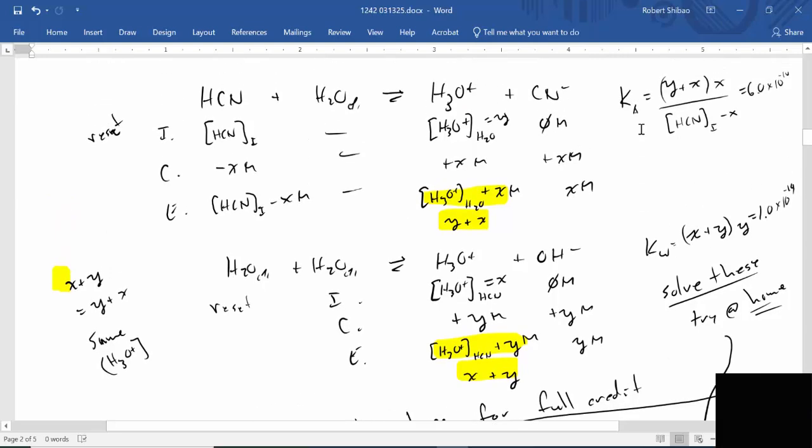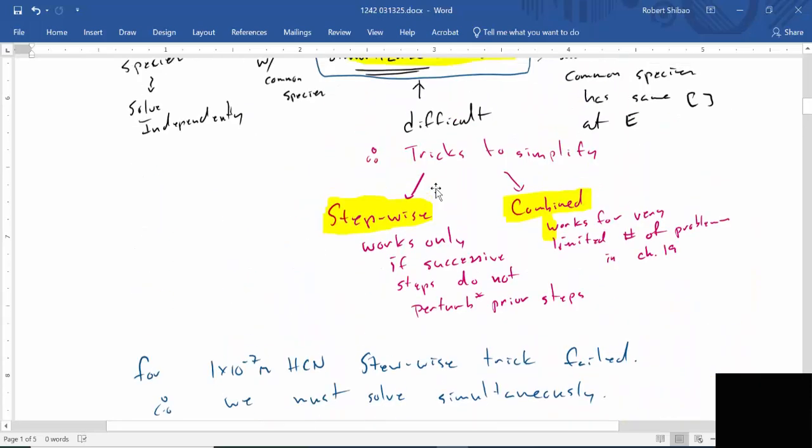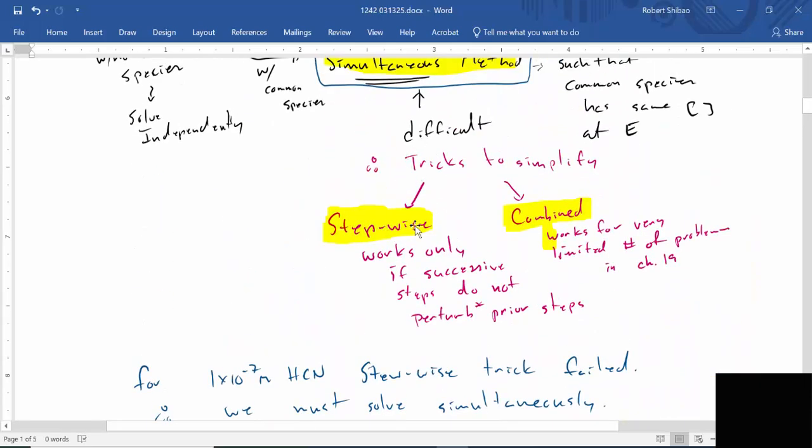All right, so whenever we have simultaneous equilibria, what we try to do is avoid simultaneous equilibria, because it's difficult. Instead, we try the stepwise trick. Hopefully the stepwise trick works, because if it does, then it's a lot easier. The stepwise trick works for most of the problems that we're going to do.